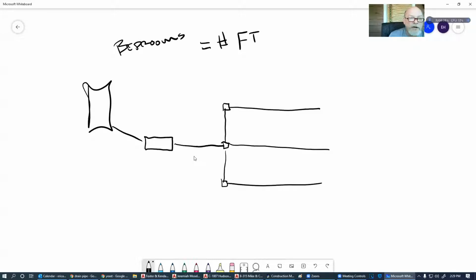Well, what they do is they say that for every bedroom in a house, the first bedroom is equal to 2 people. Ma and Pa are going to be living in the master bedroom. And for every additional bedroom, you're going to have 1 person.